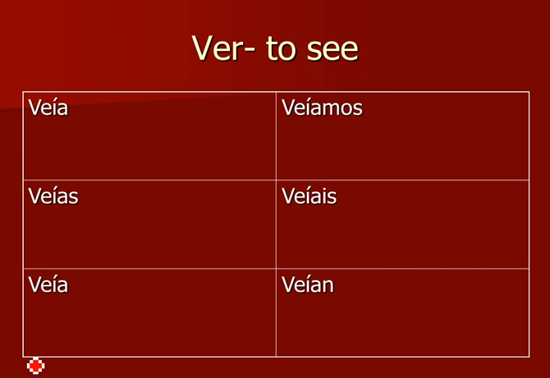Our last irregular, not a real common irregular, is ver, to see. But you're looking at me and you're looking at the notes and you're saying, hey, that's not irregular. It's an ER verb and it gets the ER endings. Ia, ias, ia, iamos, iais, ian. So what makes it irregular?